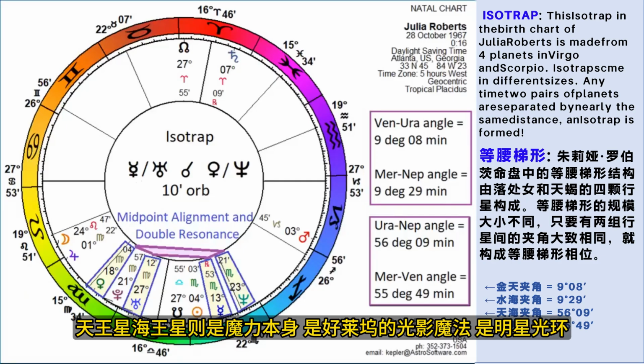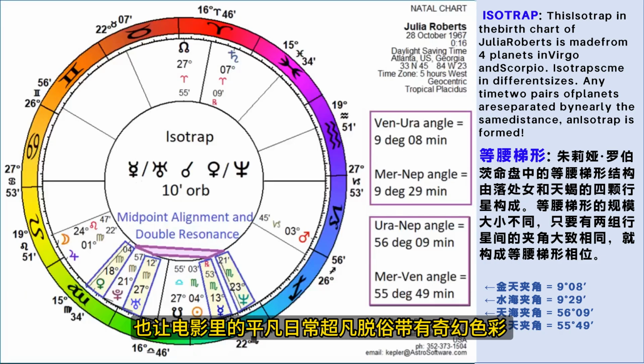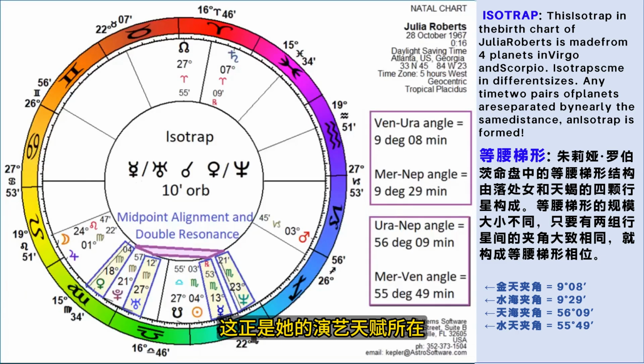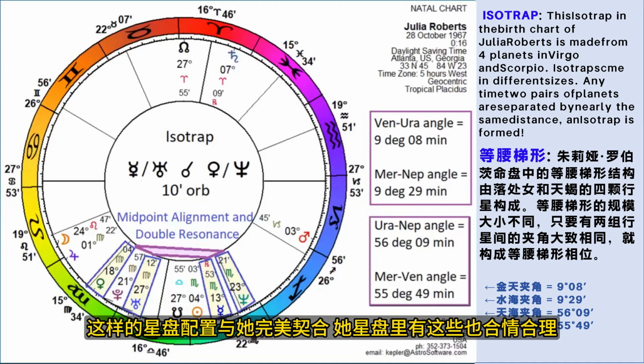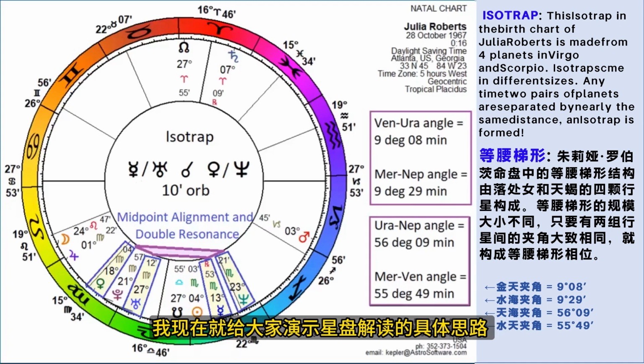Uranus, Neptune is magic, the magic of Hollywood and cinema and the stardom and the out of this world things that happen in movies, that are beyond the humdrum everyday life we have. There's the magic of it. So this is very appropriate. It makes sense that she would have this in her chart.